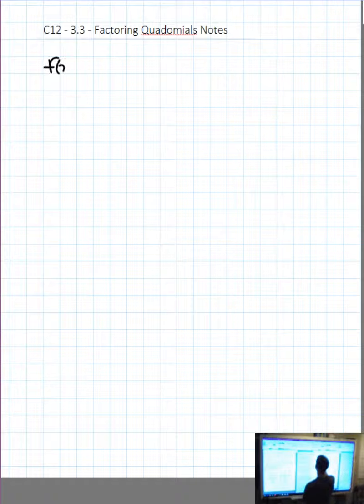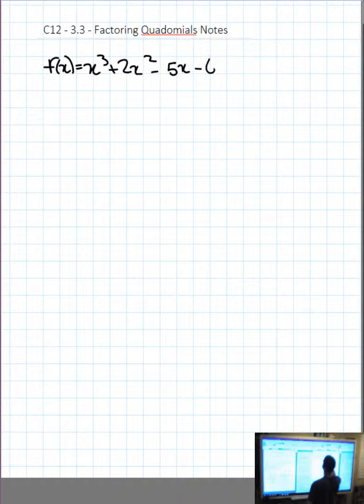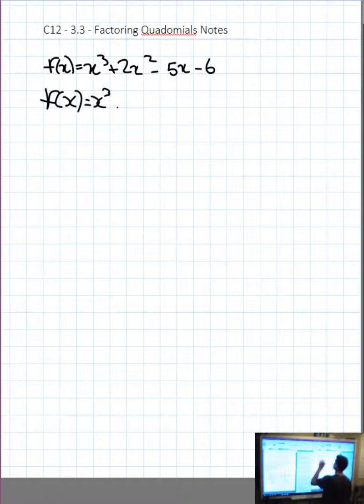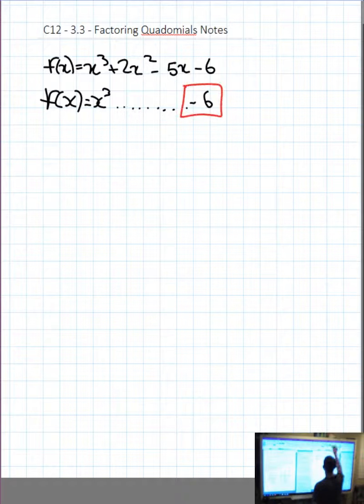f of x equals x cubed plus 2x squared minus 5x minus 6. And again, all I really care about is the last number, minus 6. I can list the potential factors of minus 6: plus and minus 1, plus and minus 2, plus and minus 3, and plus and minus 6.